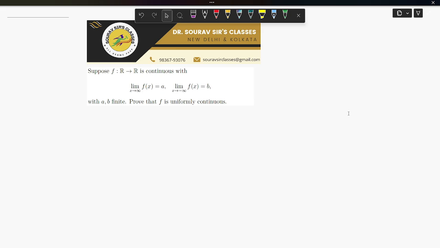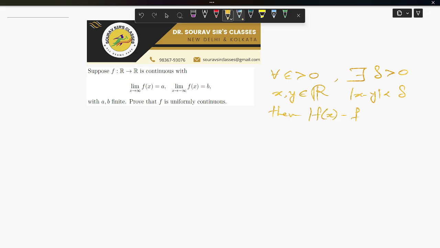The key idea is that uniform continuity requires that for all epsilon greater than 0, there exists a delta greater than 0 such that for x, y belonging to R, if mod of x minus y is less than delta, then mod of f(x) minus f(y) is less than epsilon.